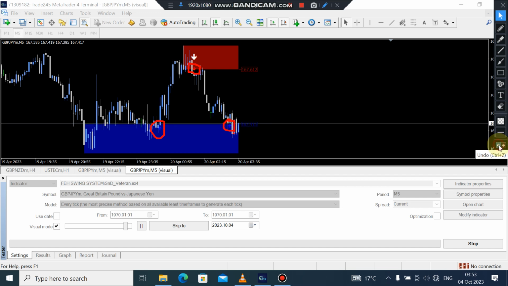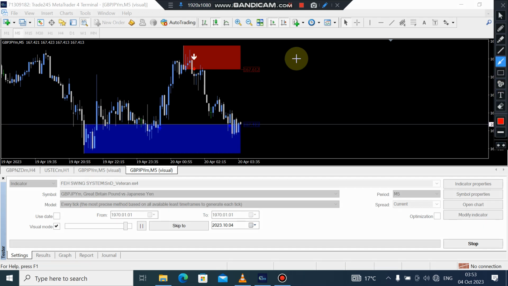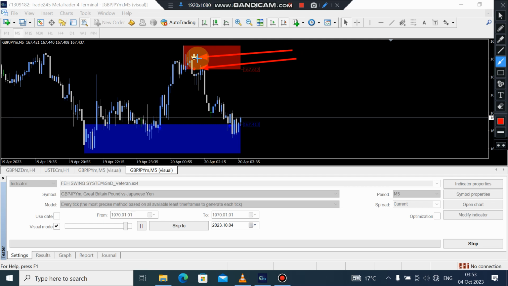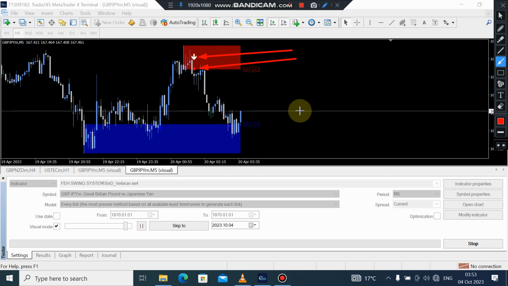So how I do it, I'm using this small red arrow to confirm this big white arrow. It is still the same system, but just a different strategy.